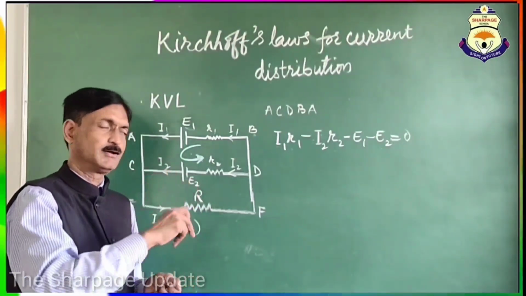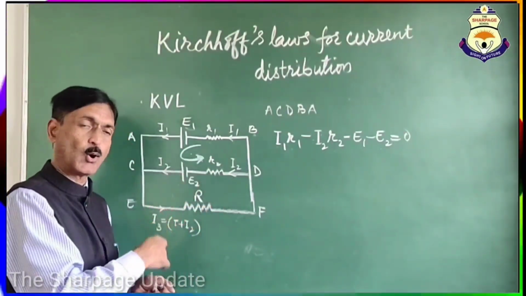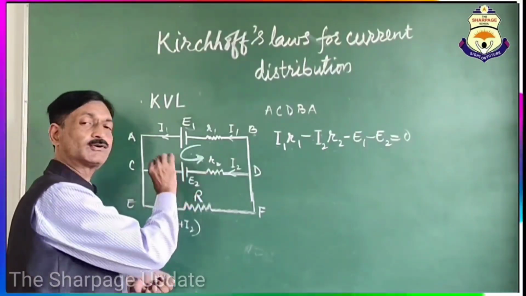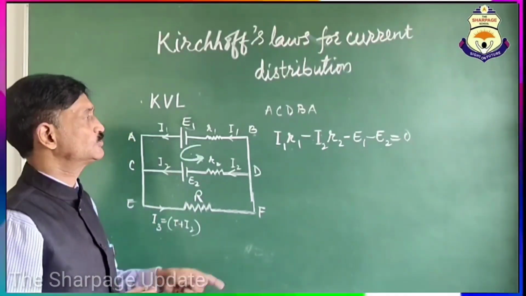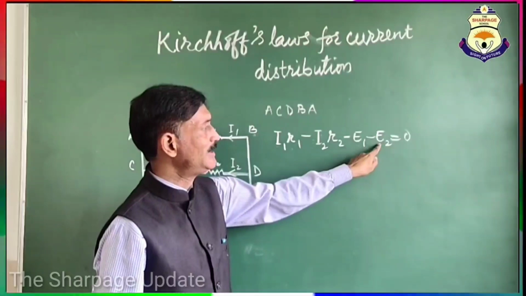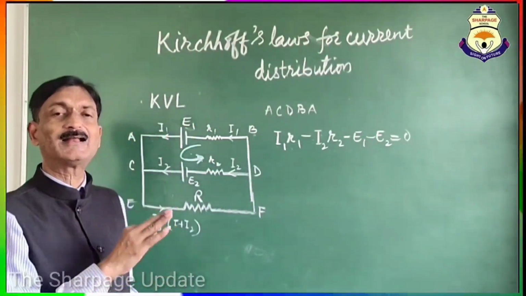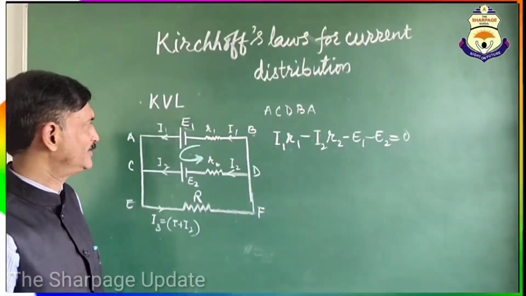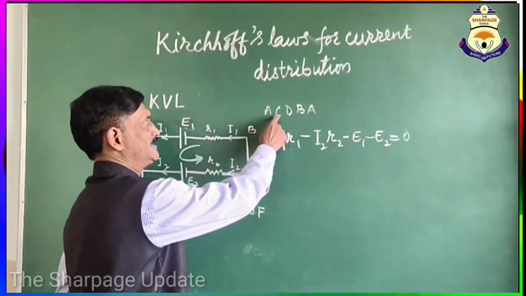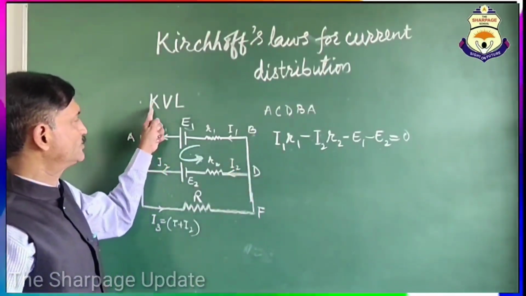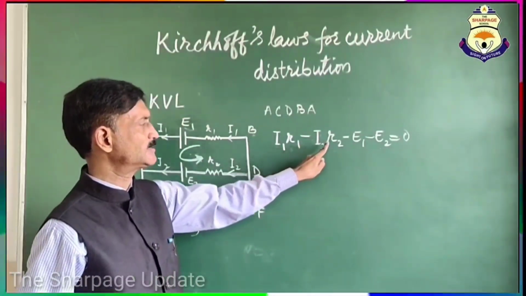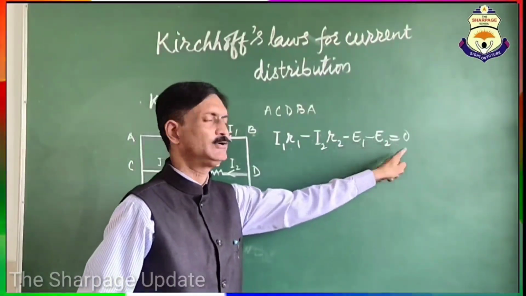So E1 and E2 are taken as negative. So in this closed circuit ACDBA, according to Kirchhoff's voltage law, I1R1 minus I2R2 minus E1 minus E2 equal to 0.